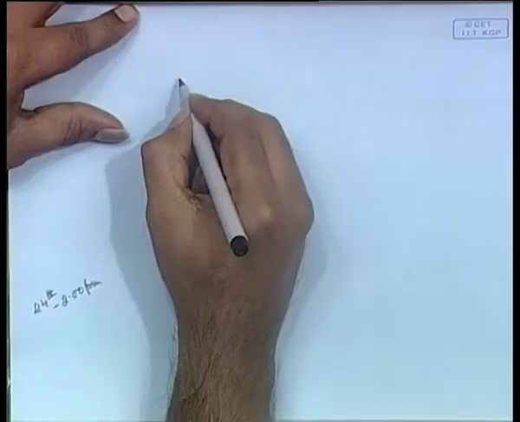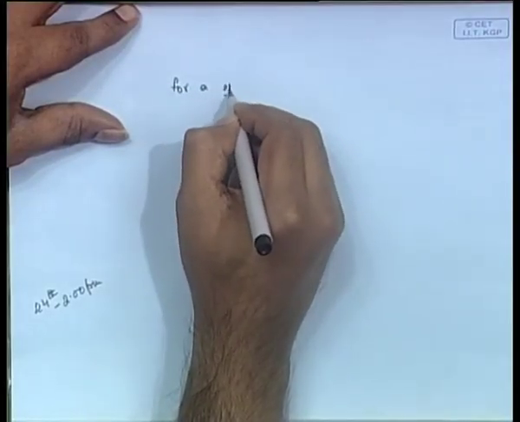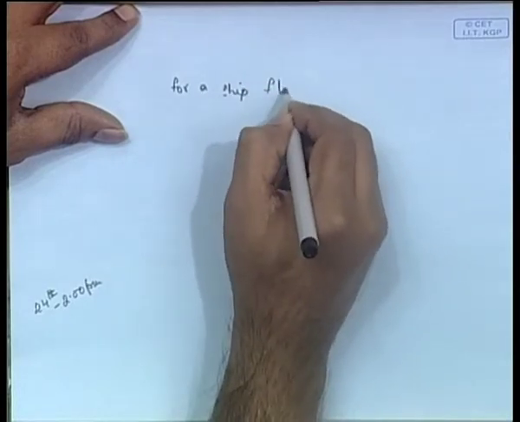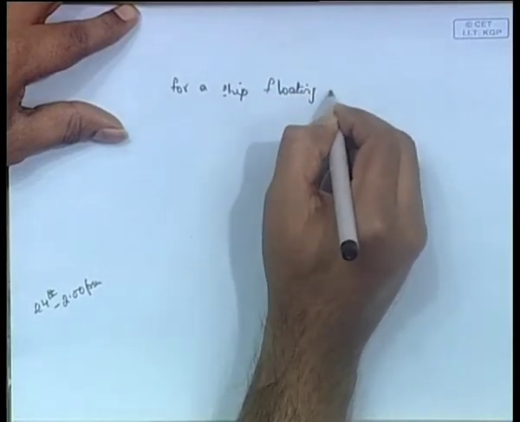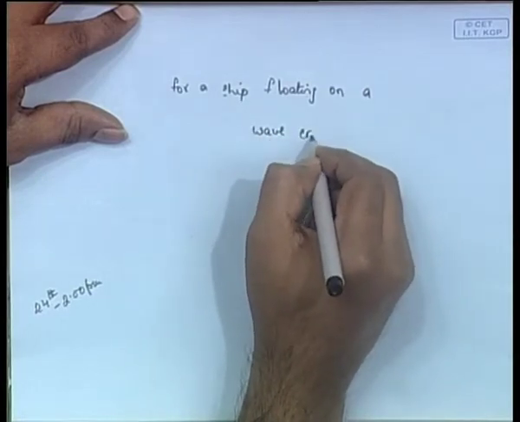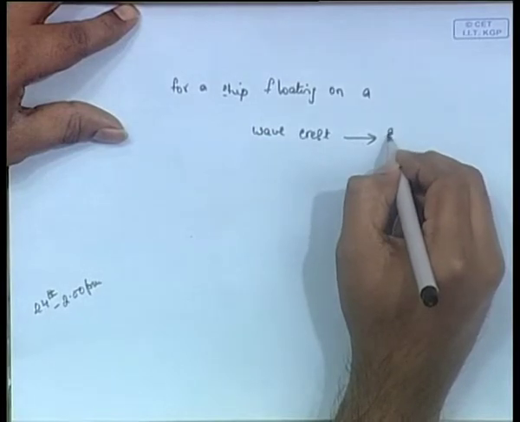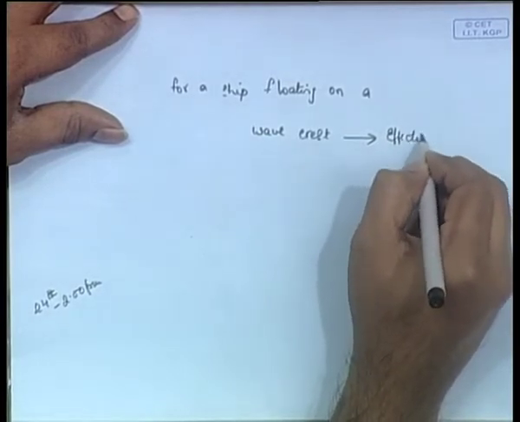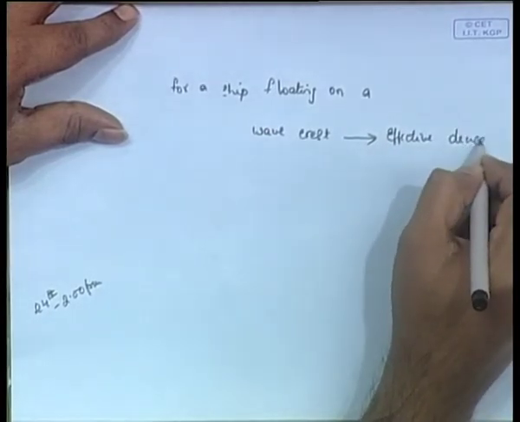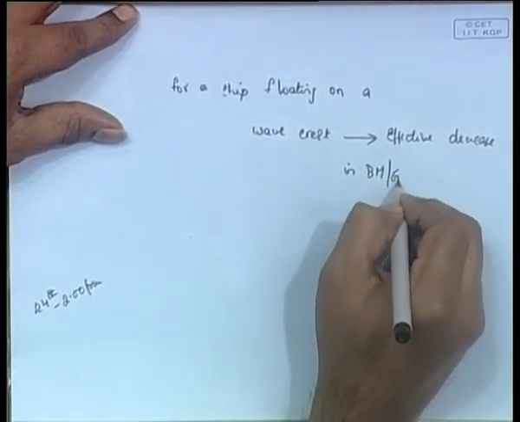So, what we see is that for a ship floating on a wave crest, there is an effective decrease in BM, consequently in GM.